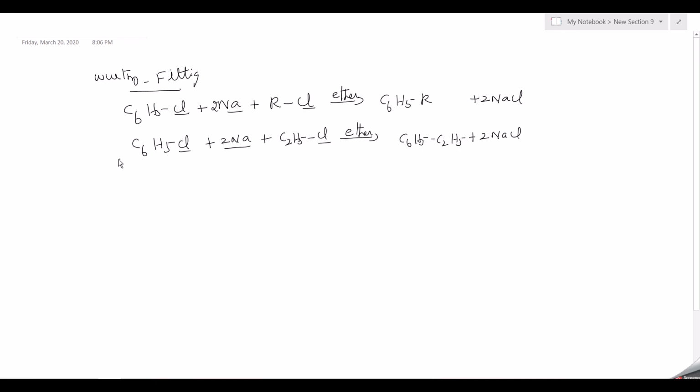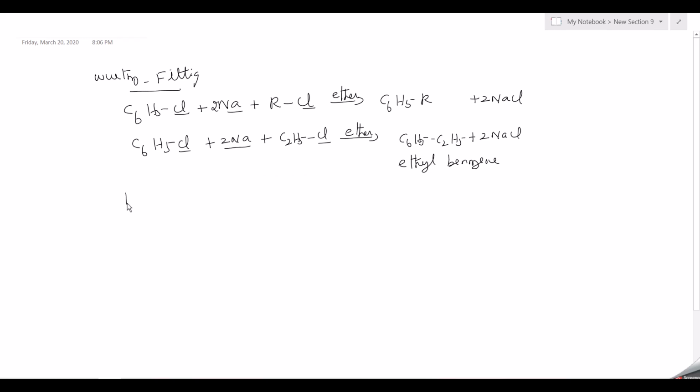So this C2H5 and C6H5, and this is what we call ethyl benzene. So instead of ethyl chloride, if you take methyl chloride, you will be getting C6H5CH3. So that is we call toluene, methyl benzene or toluene. So this is what we call Wurtz Fittig reaction.